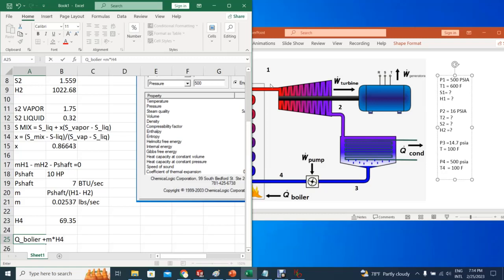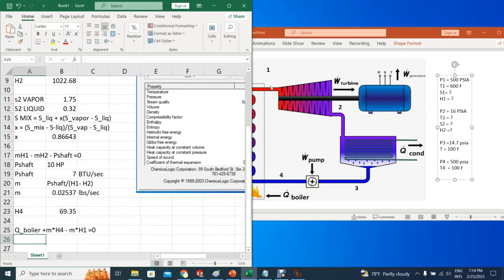Now, this is coming out, so that means this is going to be minus M times the enthalpy of point 1. That closes our energy balance, and that should add to 0. So the only thing that we need to do here is to solve this equation for Q boiler. I think that I wrote this wrong. Oops, let me write this right. Q boiler.